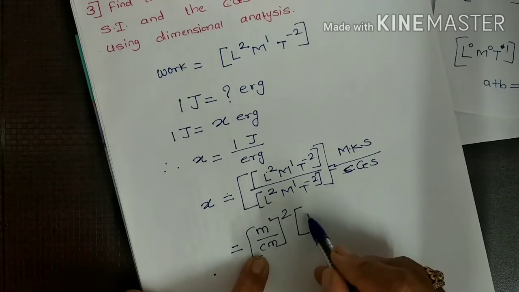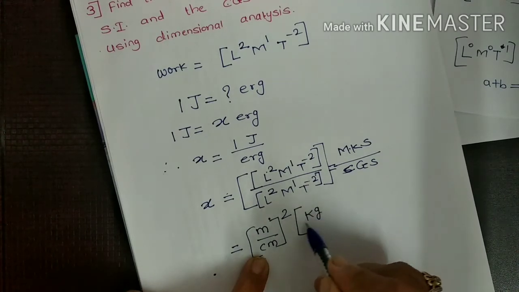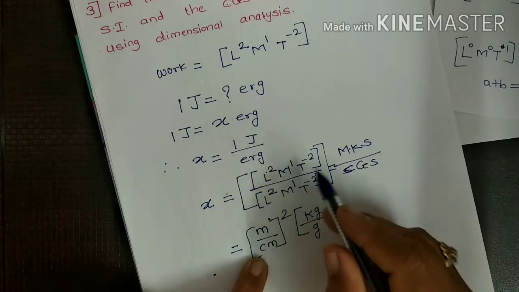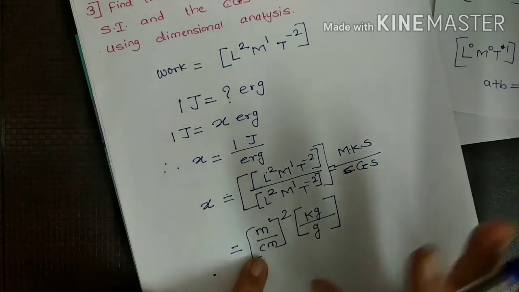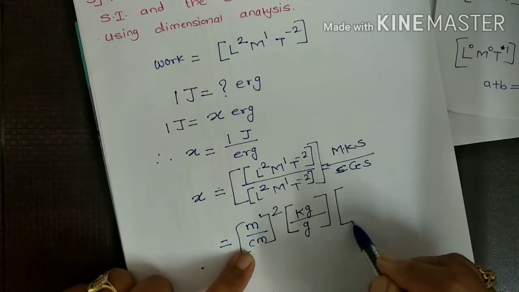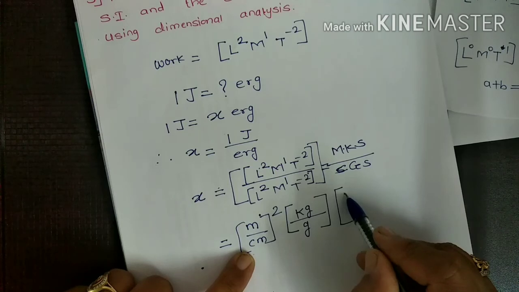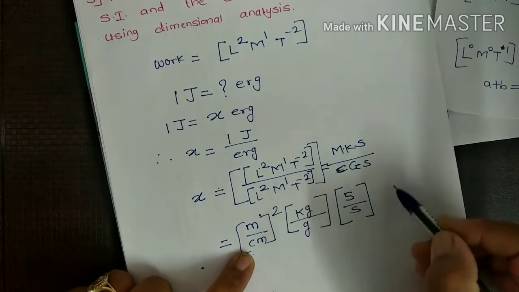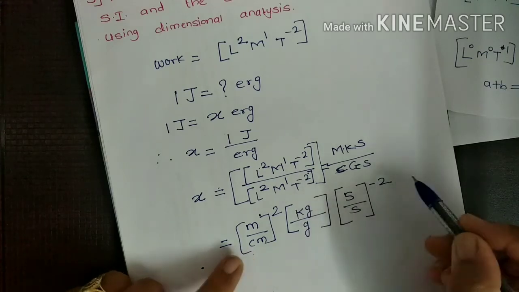For mass, that is kilogram upon gram, raised to the power 1, so no power is taken here. Then time, that is second upon second, raised to the power -2.